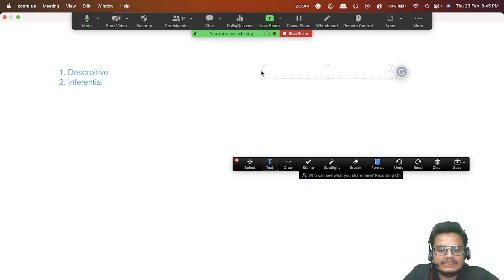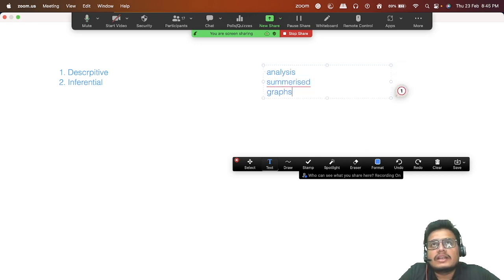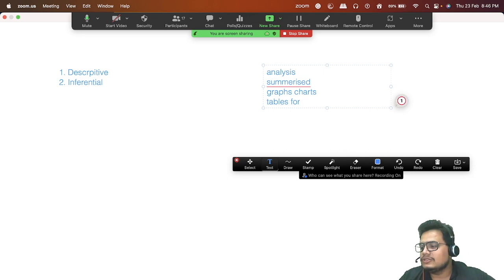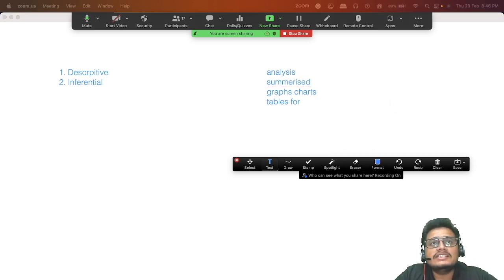It provides some analysis on it, or you can say it summarizes my data, or you can make some graphs or charts, or you can make some tables from it. So this is a descriptive kind of data. So in the descriptive kind of data, we make use of the whole data, right? Now second is inferential statistics.